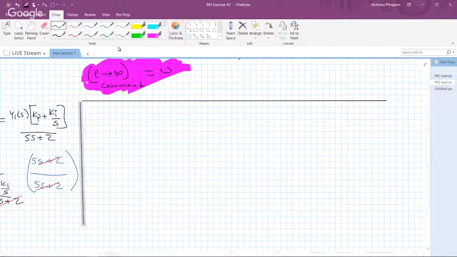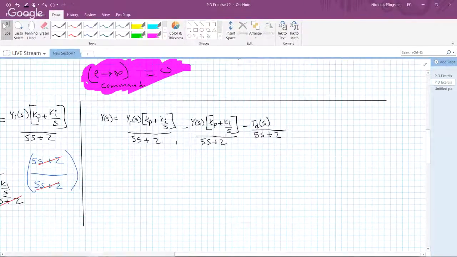So what I'm doing right here is we're recalling the expression that kind of gives us everything. It includes our input, and it also includes the input disturbance, and it includes the output of the system. But in this case, since we're considering only the disturbance, we're going to get rid of the input from the system.